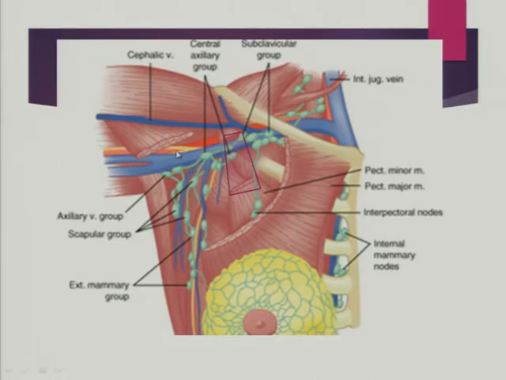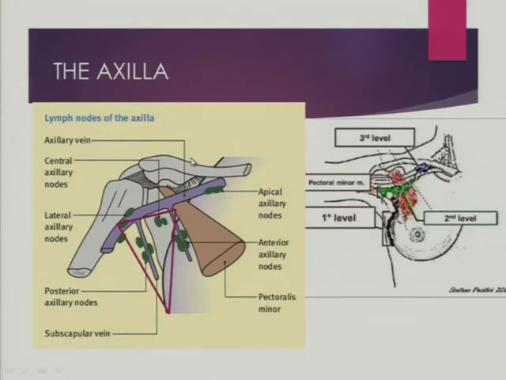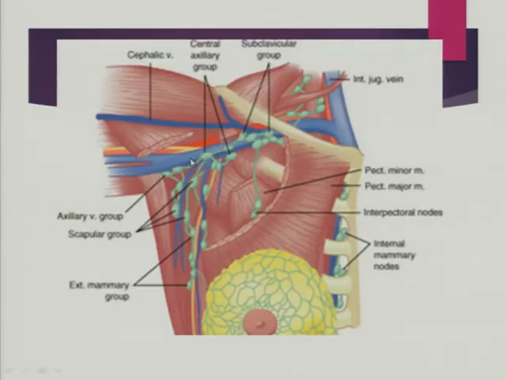So we have level 1 lymph nodes, everything lateral to the pectoralis minor. We have level 2, which are the lymph nodes under the pectoralis minor itself. And then we have level 3, anything medial to the pectoralis minor.